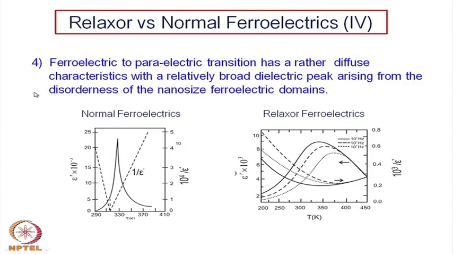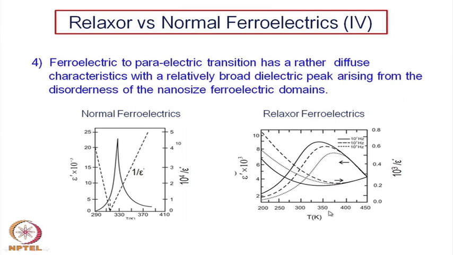And also there is a fourth, which has been mentioned earlier also, the very first one when we were discussing the same diagrams. The ferroelectric to paraelectric transition has a rather diffuse characteristic, a diffuse peak with a relatively broad dielectric peak arising from the disorderness of the nano sized ferroelectric domains.